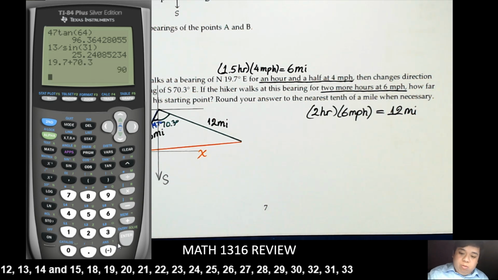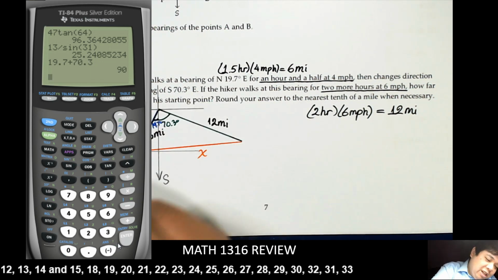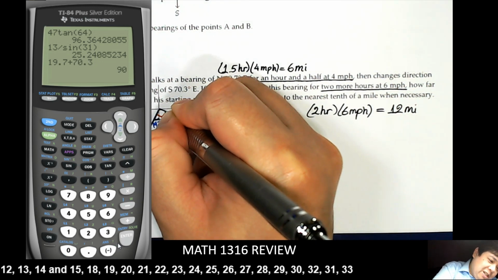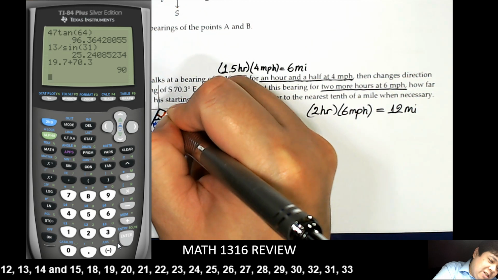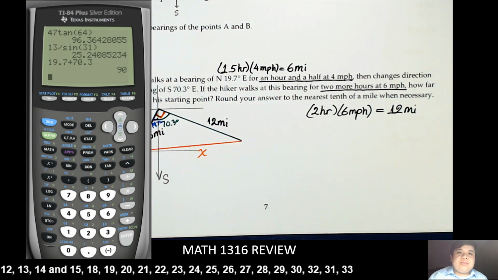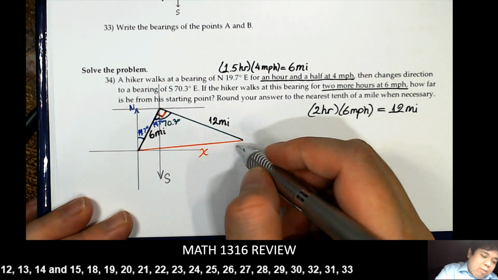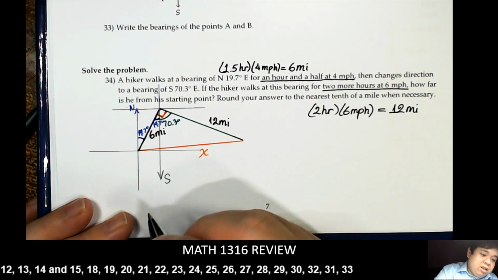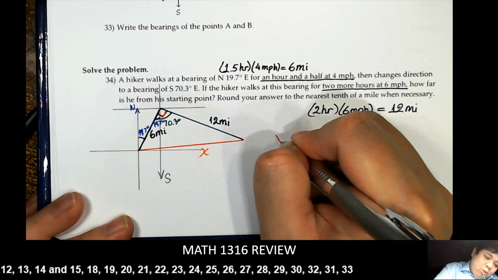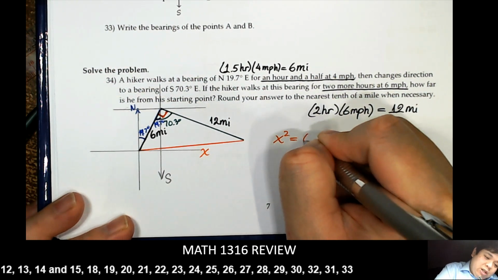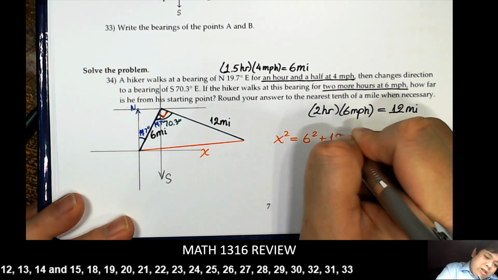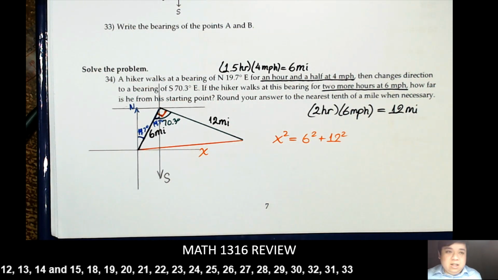So we have a 90 degree angle here, which is nice, because then x is the hypotenuse and we have the two legs. So x squared equals 6 squared plus 12 squared. That should be easy. 12 squared plus 6 squared is 180.